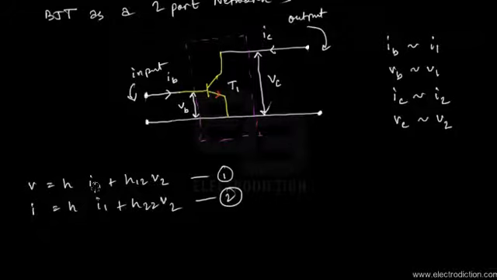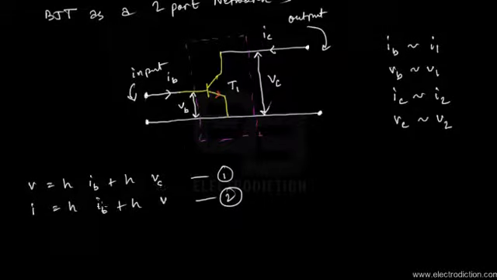As we can see here, the input current is IB, and the output voltage is VC.